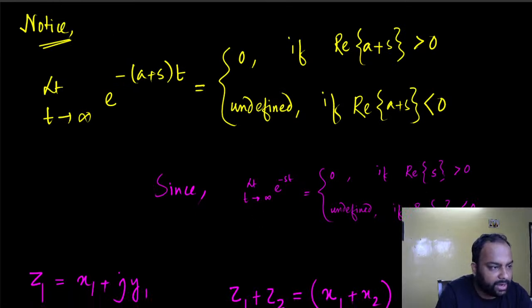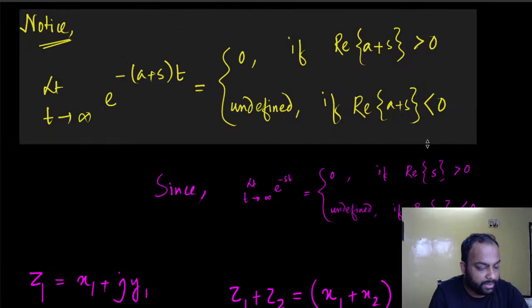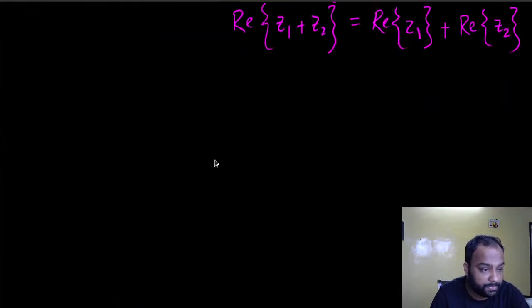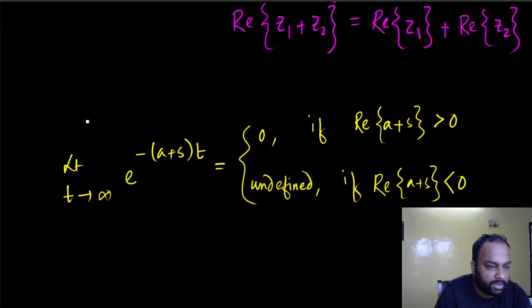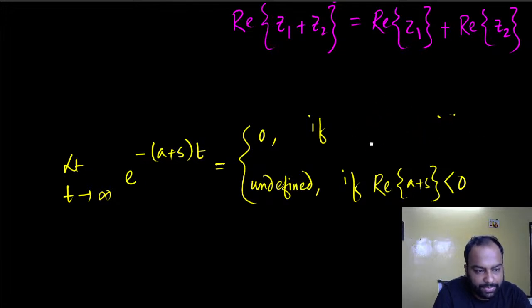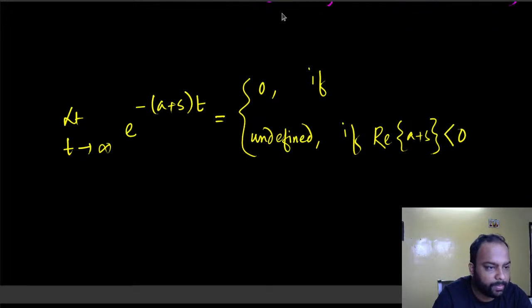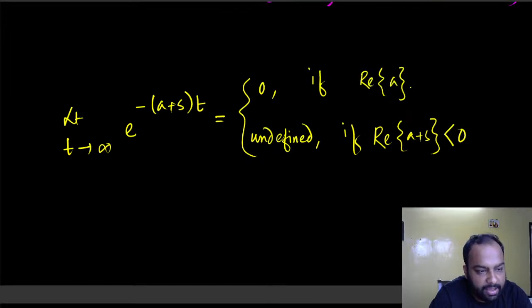So now I can copy this, write it down, and change the condition from real part of a plus s greater than 0 to the real part of a plus the real part of s, this whole thing, greater than 0.